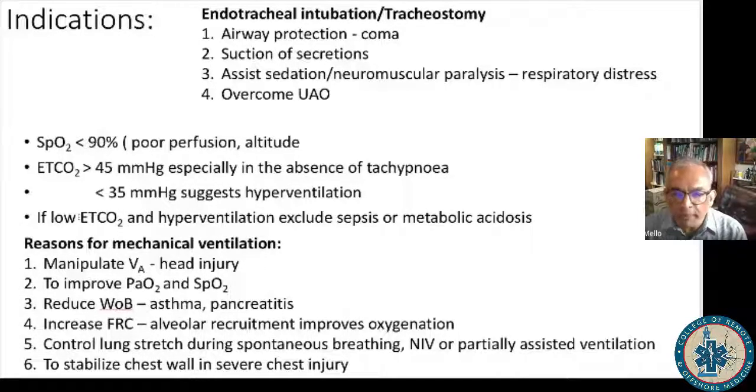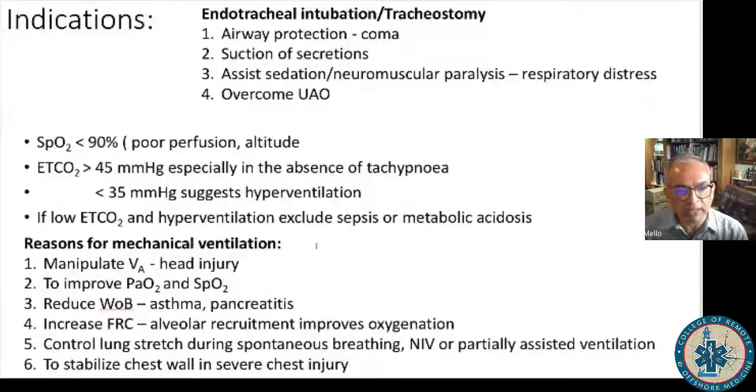If you've got a combination of a low end tidal CO2 and hyperventilation, please exclude sepsis or a metabolic acidosis. So I repeat this: if the end tidal CO2 is low and the patient's hyperventilating, consider sepsis or another cause of a metabolic acidosis.